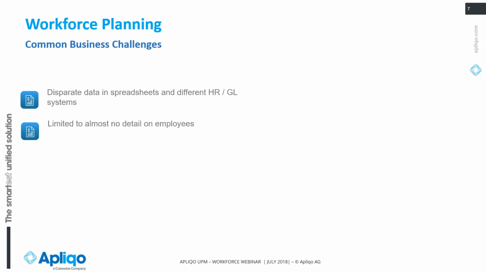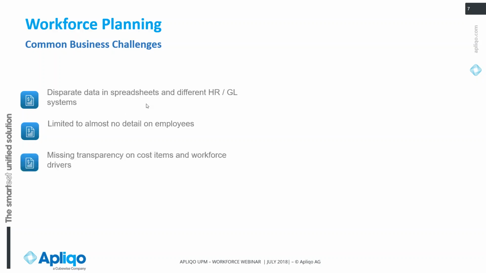Social tax rates are available, but if it comes to more detailed information about bonus schemes, car allowance, and other important expense line items in the workforce sector, it's for a lot of companies quite challenging to make this information available.